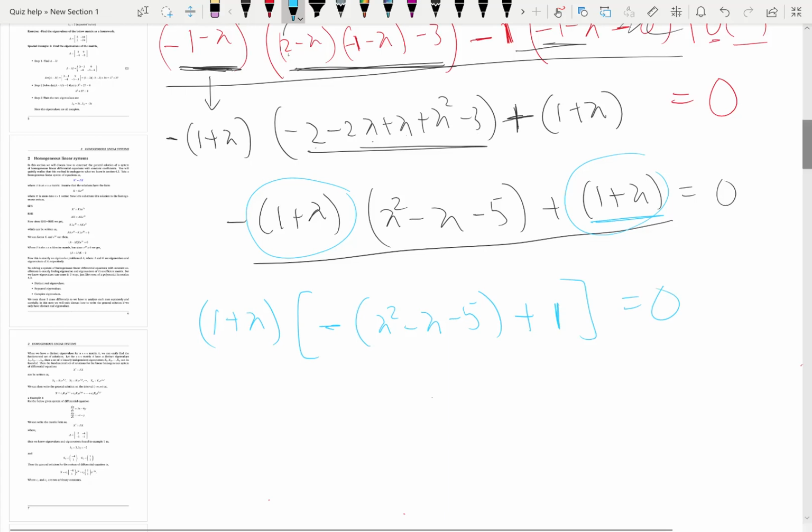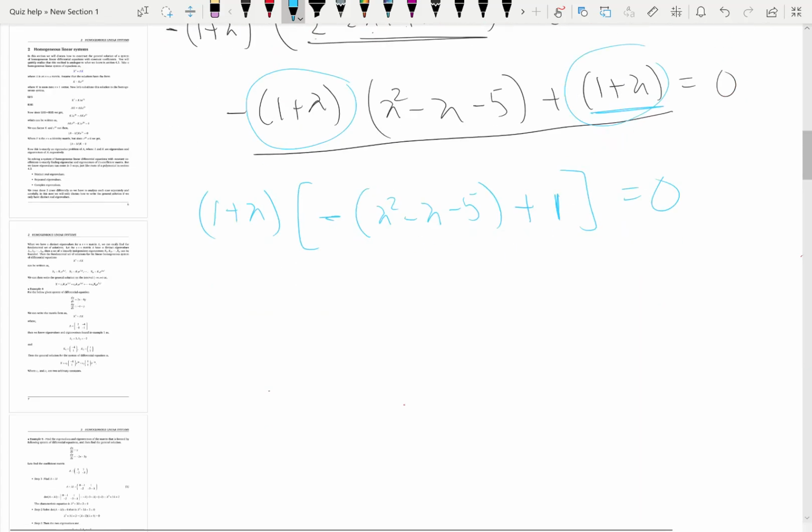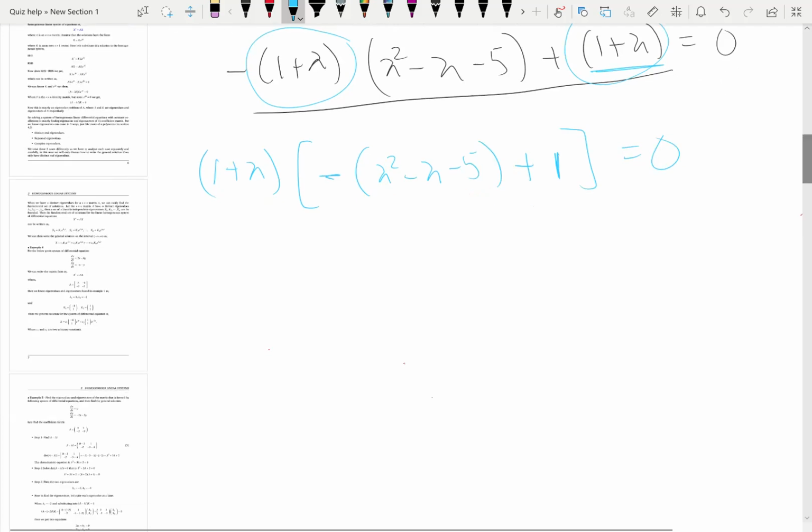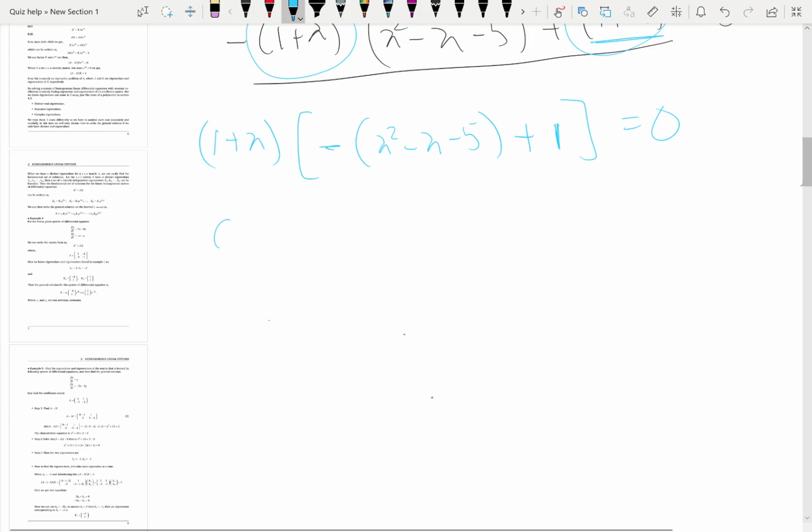This is not a trick that will work every time you do a 3 by 3 matrix, but it is one of the tricks. Otherwise you should be able to find the roots. Now here, 1 plus lambda, let's simplify this further. Negative lambda square plus lambda plus 5 plus 1.